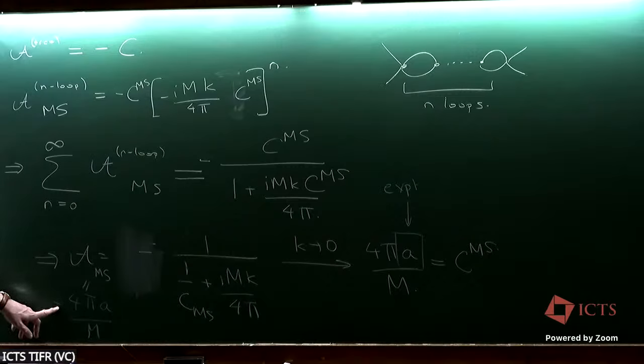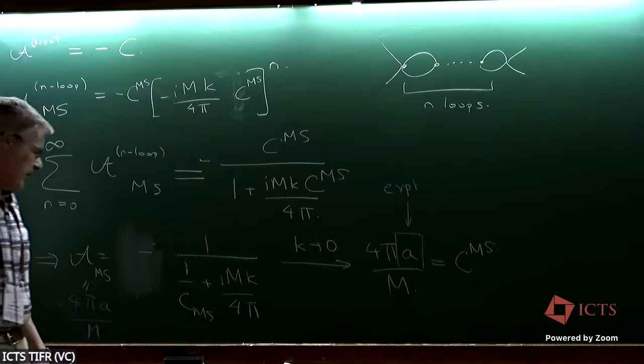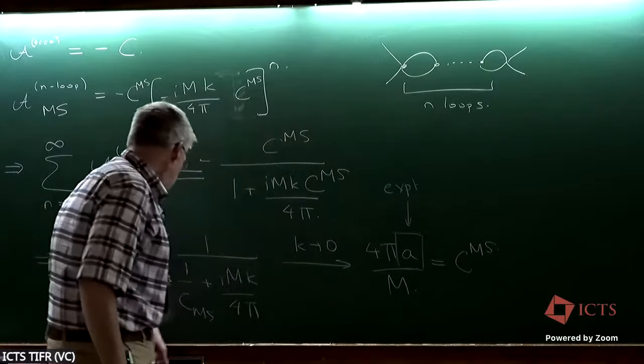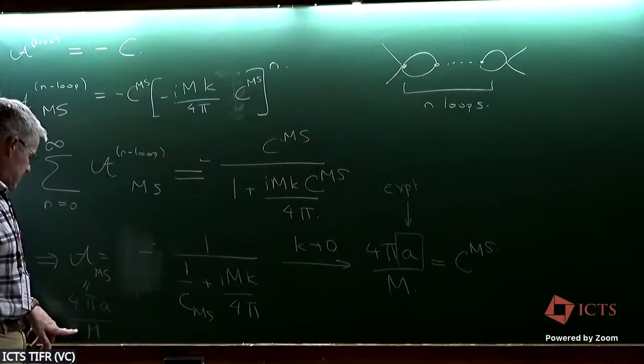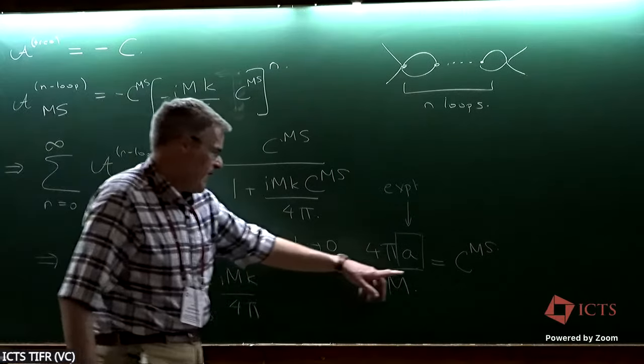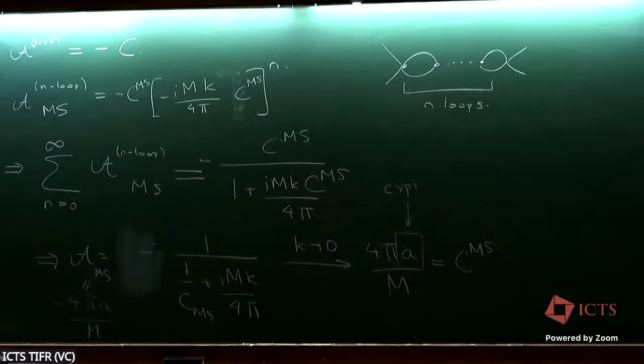But this sign ensures that the scattering length has the usual interpretation in non-relativistic quantum mechanics, namely that it's positive for a weak repulsive potential and negative for a weak attractive potential. So if we require that this be the experimental result and we have a number for the scattering length, then that fixes the value of this coefficient C.